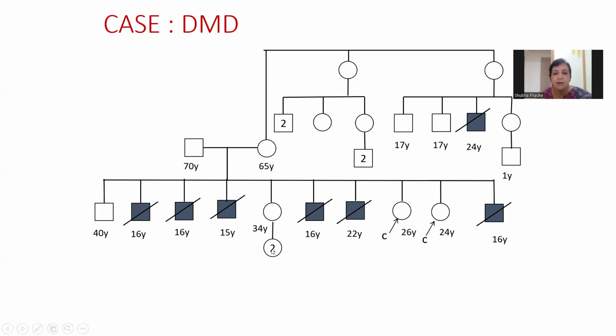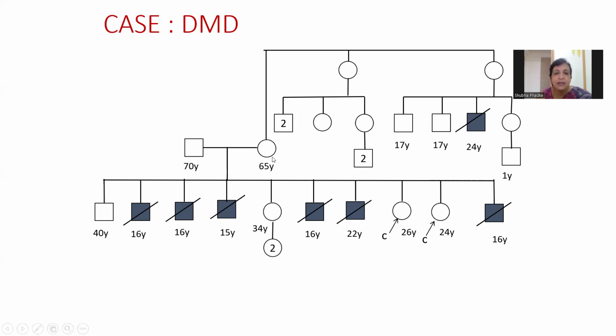Now this sister wants to know whether her children will have this disease or not. The most important point is that we have to identify the disease-causing mutation in the DMD gene. And here none of the affected persons are available, neither are their samples. So the question is whom to test.